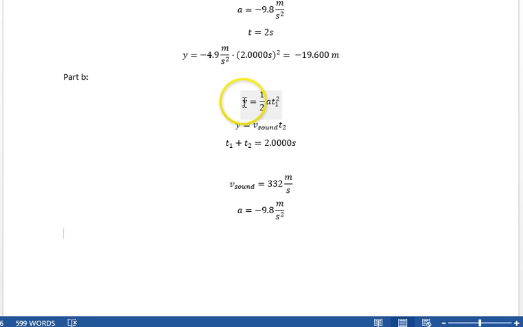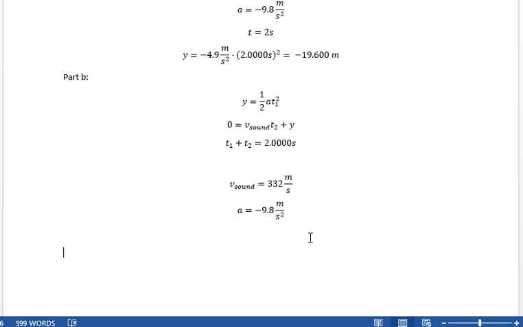Now remember, this y and this y are equal. Well, nope. We know that the sound ends at position 0, because the sound comes back up, and the sound starts off at position y. So position y at the bottom is 1/2 at1 squared, and when we get back to the top, v sound t2 plus the initial position is the second equation.